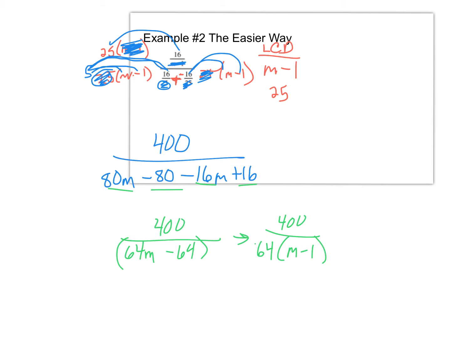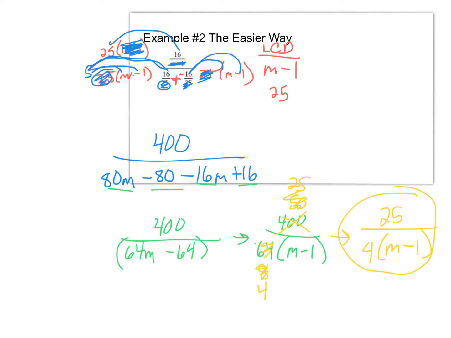So 64 and 400 I can reduce definitely by 4s or even 8s. I'll do by 8. So that's going to be 50 over 8, which I then can reduce again. 50 and 8 can be reduced by 2, so you're going to get 25 over 4. So we're going to have 25 over 4 times m minus 1. Boom. And there's that one.